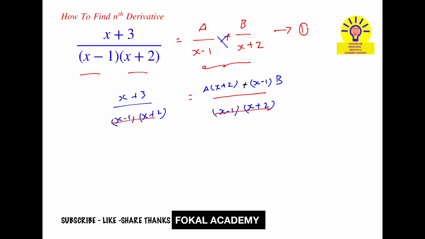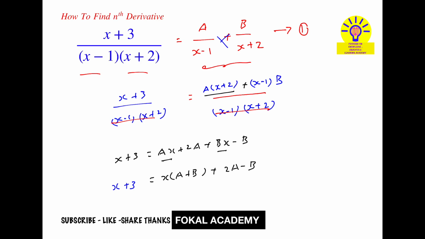Then we get x + 3 equal to, expand it, Ax + 2A + Bx - B. Bring the x term common here: x into (A + B) + 2A - B, equal to the LHS, that is x + 3.